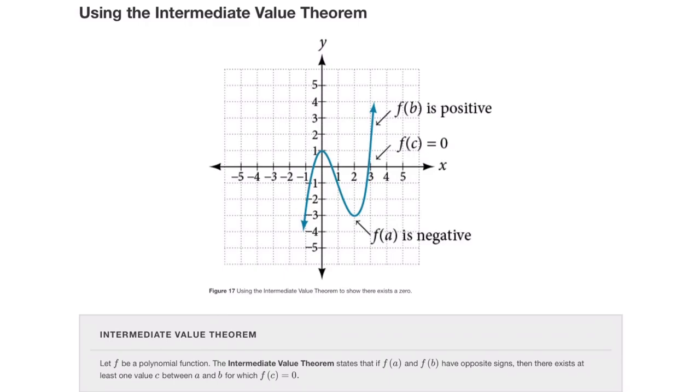When your y values go from positive to negative or vice versa, there has to be some x between those corresponding x values where the graph crosses the x-axis. Because we're working with polynomial functions, and the main characteristic of polynomial graphs is that they are smooth, continuous, unbroken curves, the y values aren't going to change signs without crossing the x-axis.